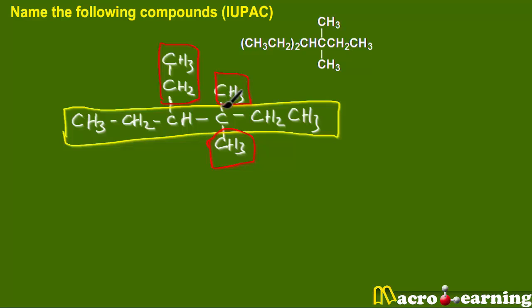So before we compare the alphabetical, there's another rule that says if there's a third branch, if there's a third substituent, the end that's closest to the third substituent is where the numbering begins.